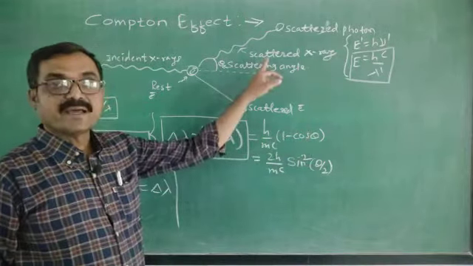Means this Compton shift depends upon the angle theta. Getting it? Now from this it is clear that delta lambda, that is Compton shift, depends on theta, that is angle of scattering. Getting it? This is Compton effect. I think you all are getting this Compton effect.